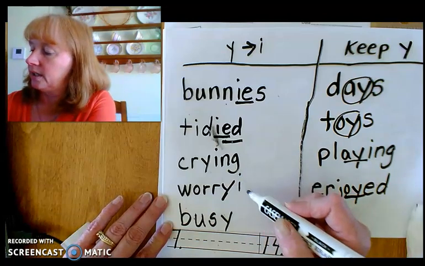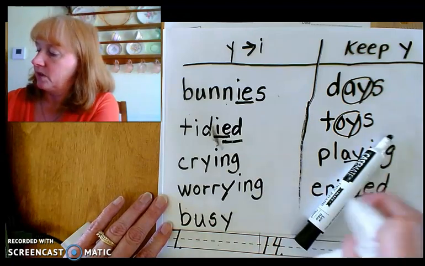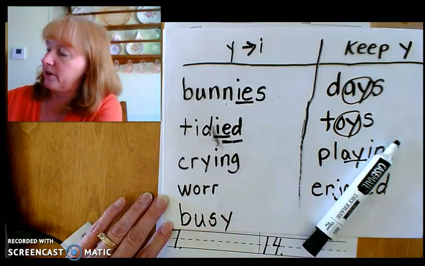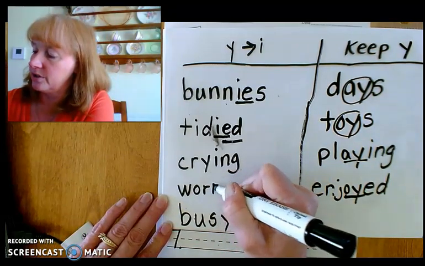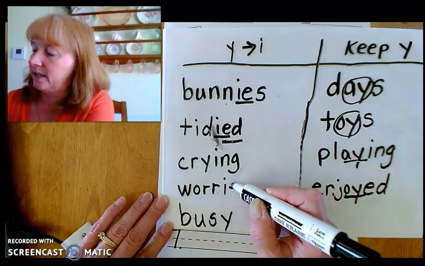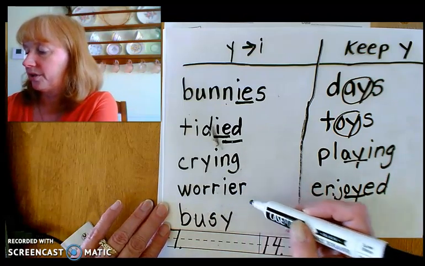Okay, worrying, just add your ING. But if I'm going to say my friend is a worrier, she worries about everything, I change the Y to I, and then I add the ER. She's a worrier.